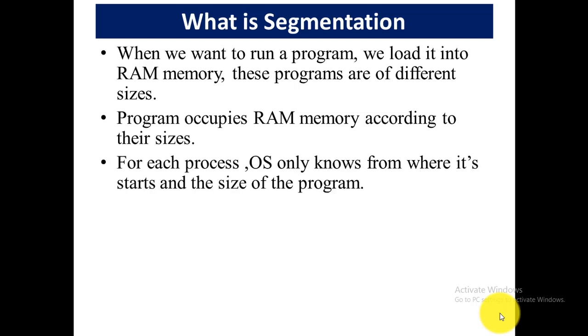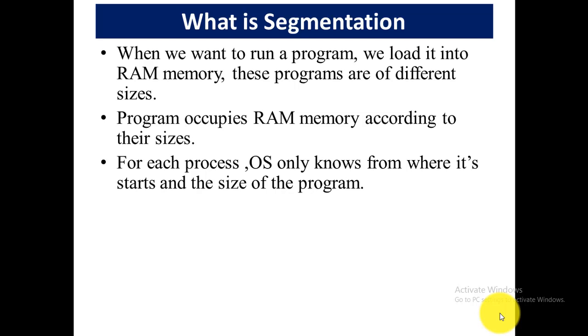For example, graphical programs like Photoshop and high graphics videos and audios take more space as compared to a Microsoft Word file, because graphics are heavier as compared to a text file.